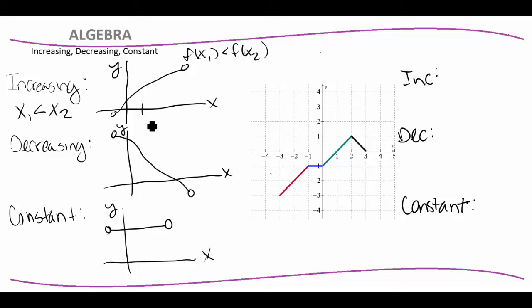So I can pick any x1 and any x2 on this graph, and I should get my f of x1 to be less than my f of x2, and it does.